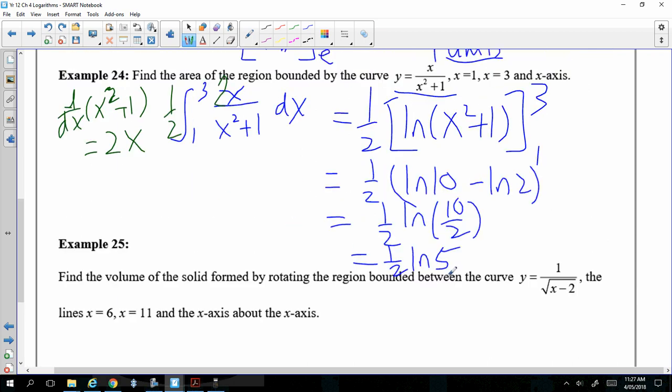Next one. Once we find area, we also have to find volume. And how do we find volume?